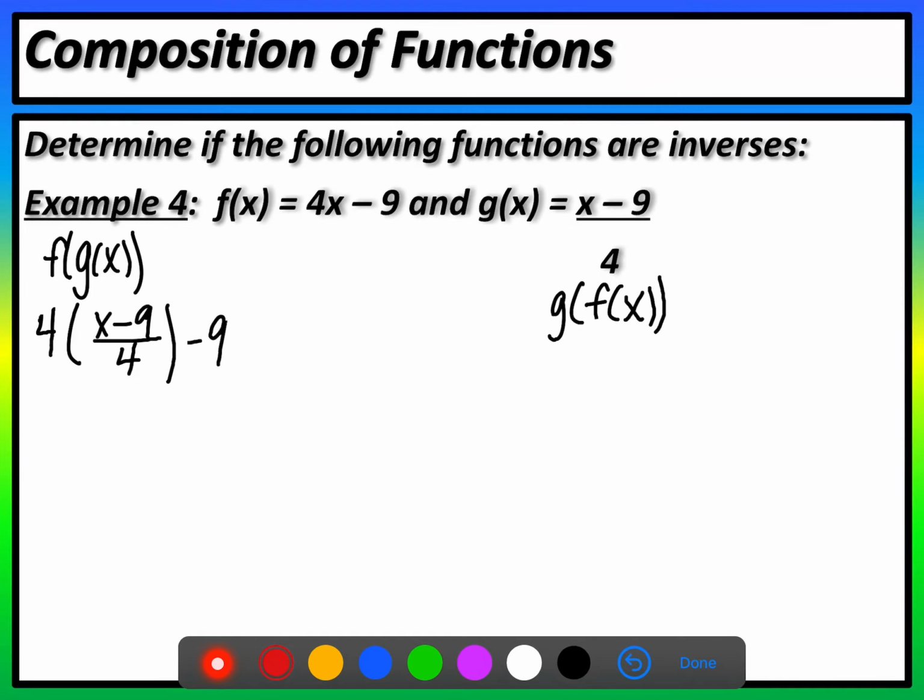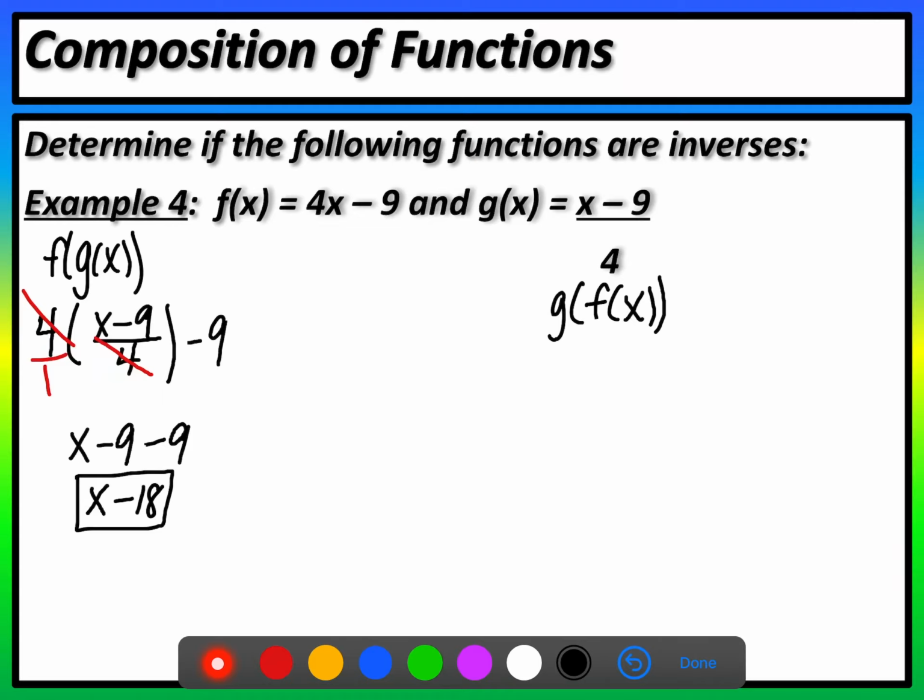Okay, so what I'm able to do here is cross cancel before I even start, because this is really 4 over 1. Okay, so I'm left with x minus 9, and I bring down the minus 9. So this is actually x minus 18.